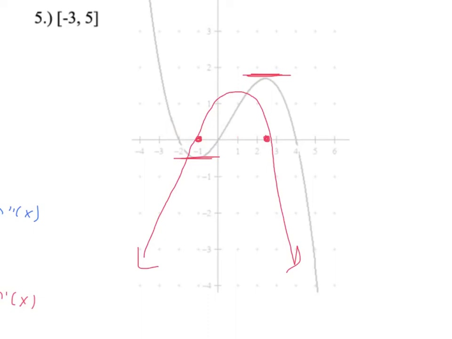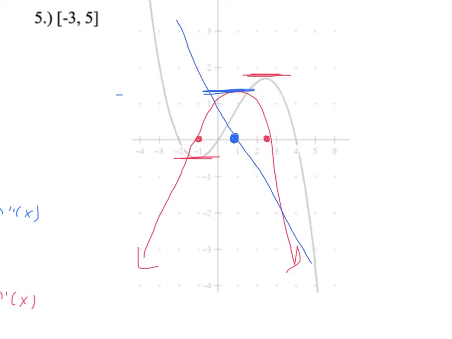So now, to graph the second derivative, when is our derivative going to have a horizontal tangent? Maybe a little bit before 1, maybe you think it's right at 1, but somewhere here. Now the slopes of the derivative start out positive, 0, and then negative. So positive, 0, and then negative.